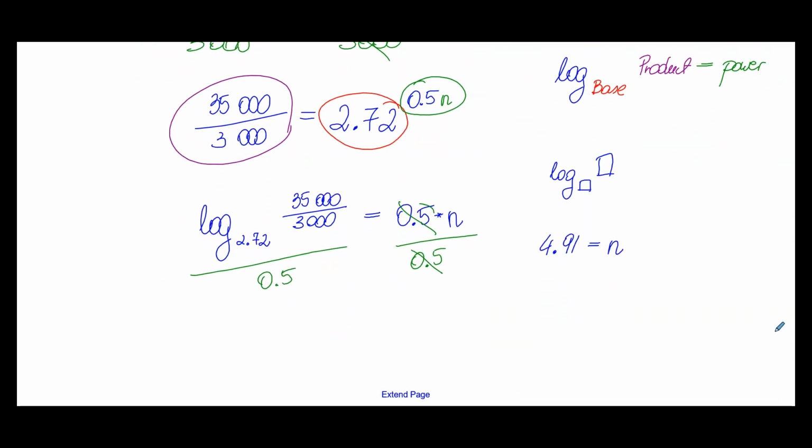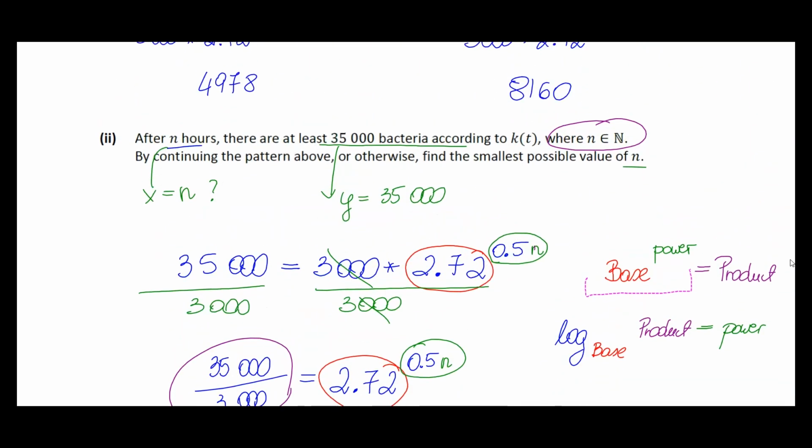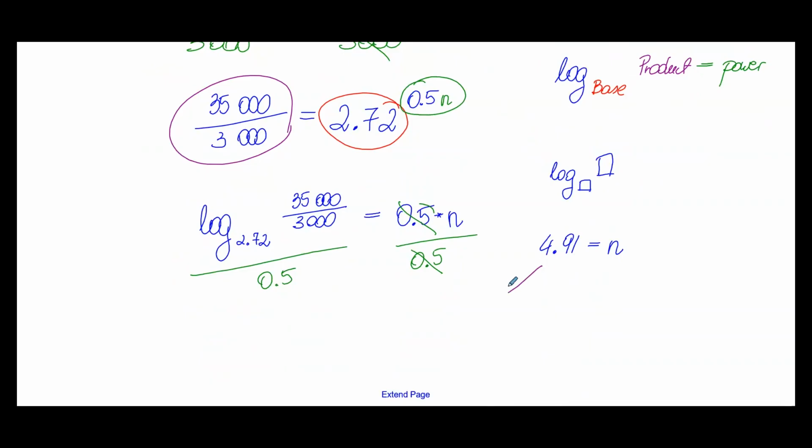So what is the question I'm looking for? They are saying that there are at least 35,000 bacteria. So could be more, but at least 35,000. So then I am asking myself a question, well, is it 4 that will give me that answer, or is it 5 that will give me that answer?